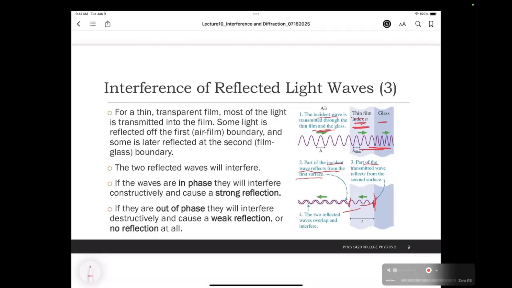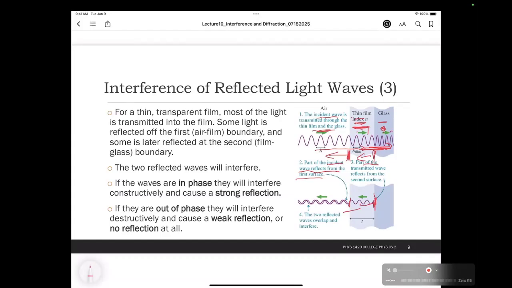The two reflected waves will interfere. Because here are two different materials, one is the thin film, the other is glass. When the incident wave goes through the film and the glass, it will reflect some at this surface and some at that surface. That makes sense to you? Those two reflected waves will interfere.